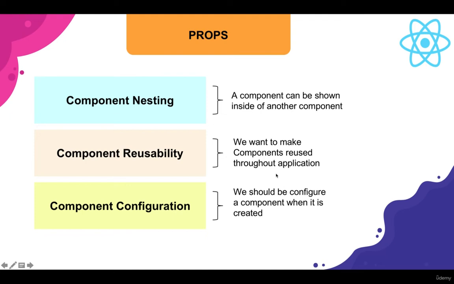Chances are they don't. Just about every button inside of a single React application is going to have some similarities or identical functionality. It's going to show some text and then do something when the user clicks on it.